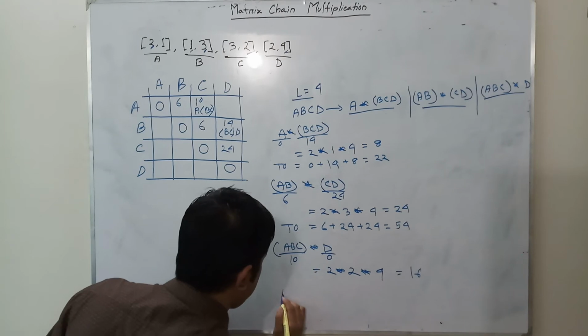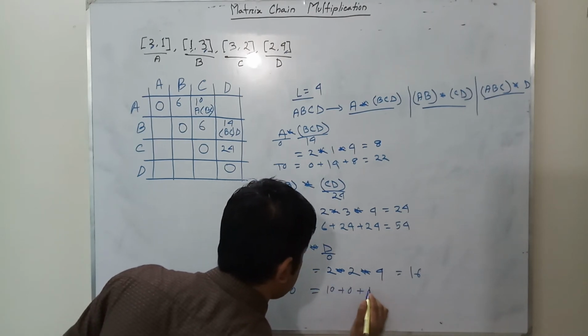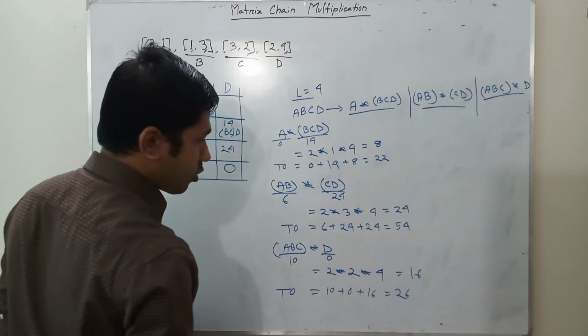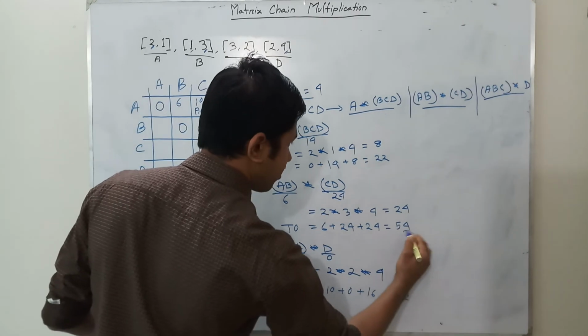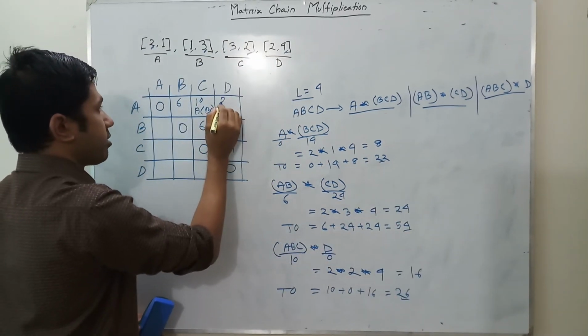So the total number of operations here we need 10 plus 0 plus 16 equals 26. Here the minimum number of operations is 26, 54, 22. 22 is the minimum number of operations we need here.